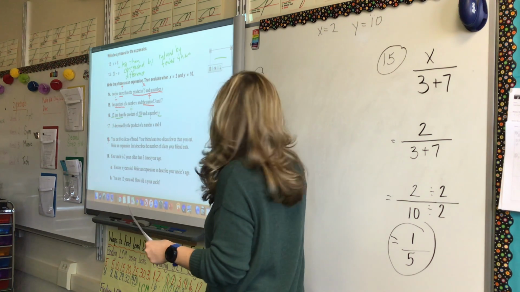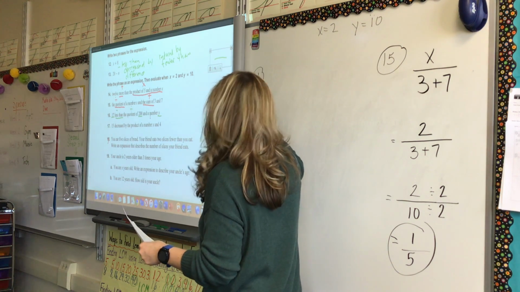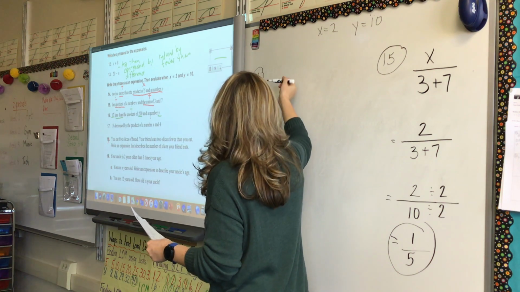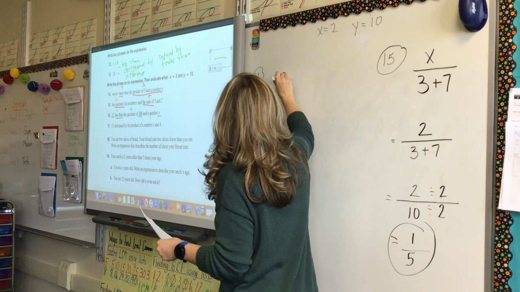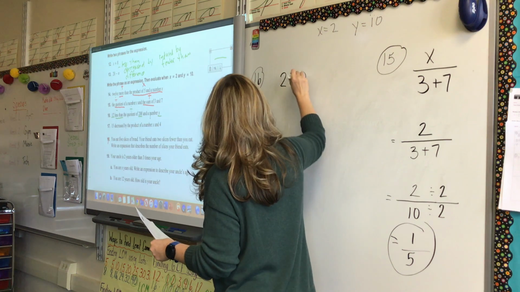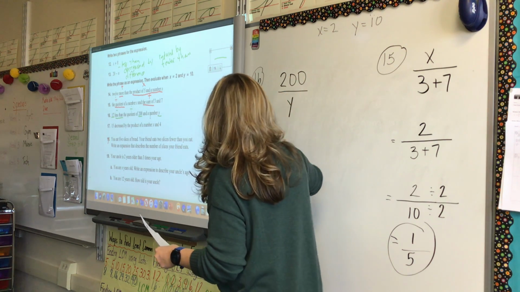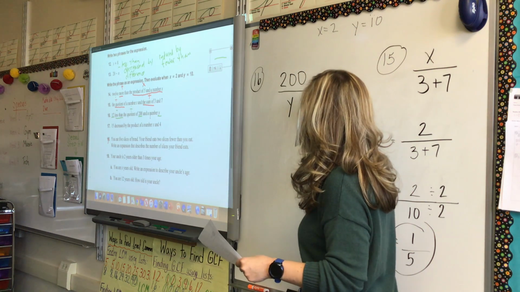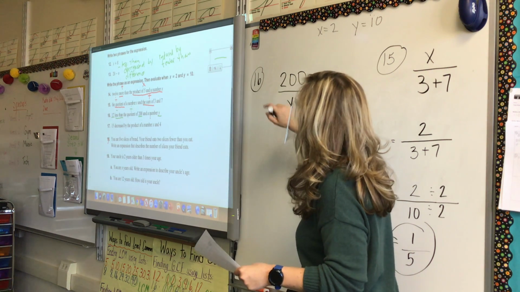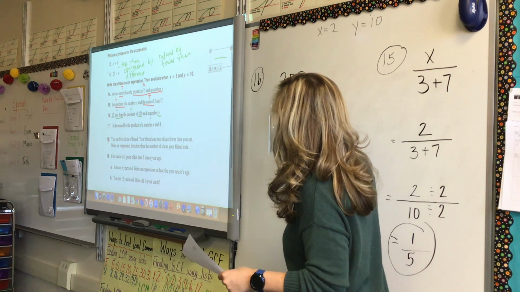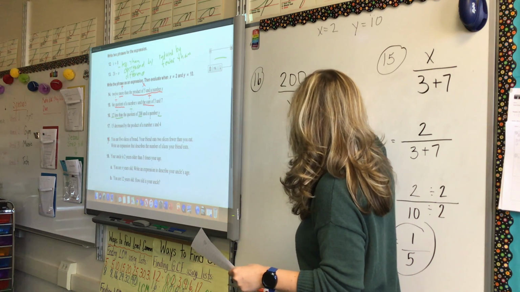Well, you can write with your finger on the smartboard. Okay, so the quotient of 200, so it's telling you that you need to find the answer of 200 and a number y. And then it says 17 less than the quotient of 200 and a number y.